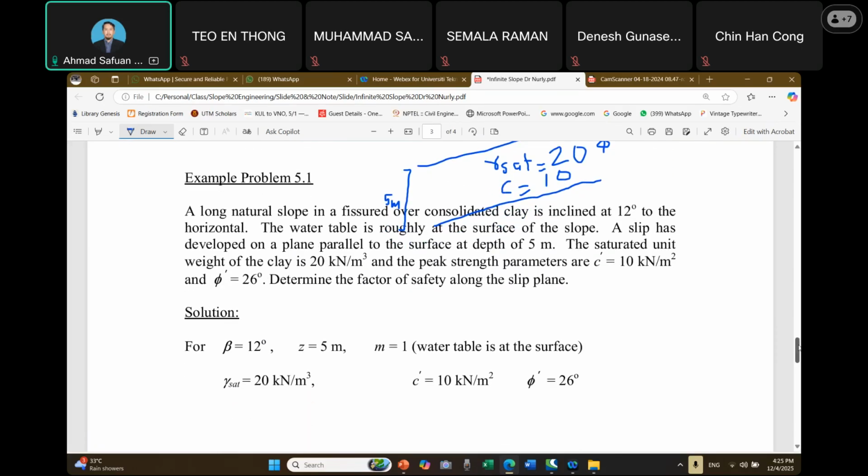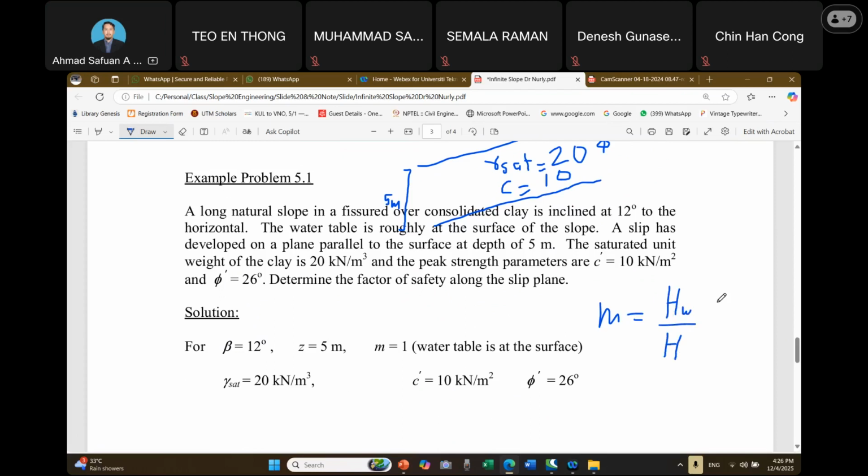Then we extract the problem. Beta is 12, z is 5 meters. M is equal to 1, because M is the height of the water over the height of the slope, and since the water level is at the surface, M is equal to 1.